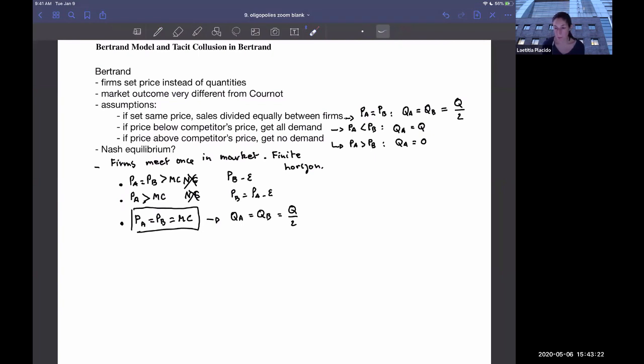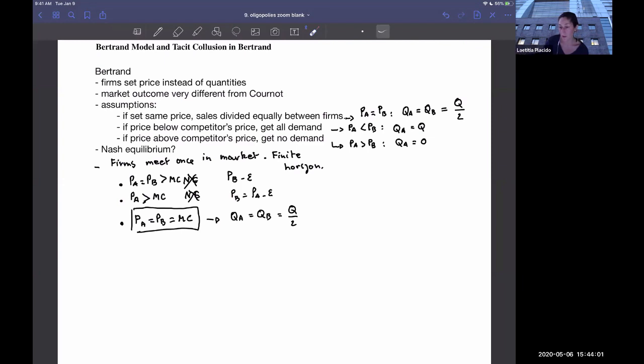Why? When you play the game over a finite number of periods, to solve this kind of game, you start with the last period and you use backward induction. So what is the optimal behavior in the last period? Well, in the last period, you're going to behave as if you're facing a single stage game. So in the last period, the equilibrium will be to set price equals marginal cost. Now you can go one period back. Let's say you're in period 9 and not in period 10. You know that in period 10, you're going to behave by setting price equals marginal cost.